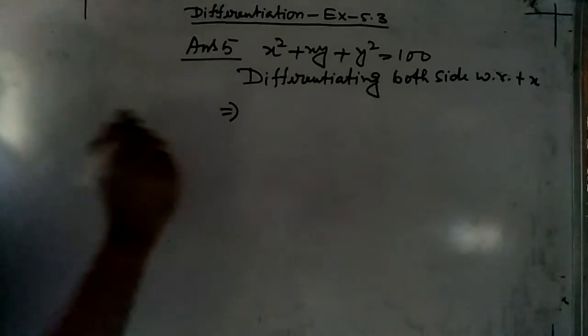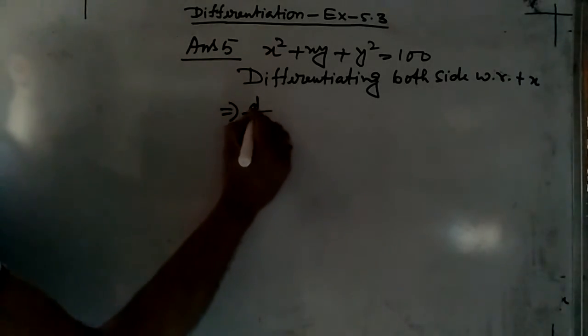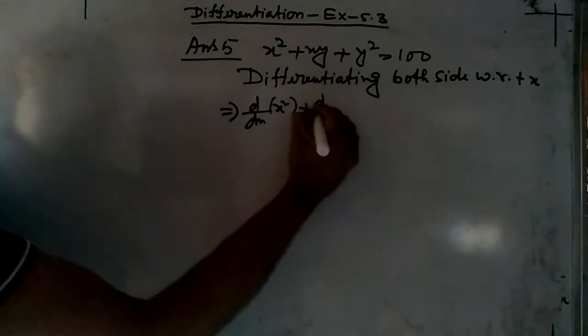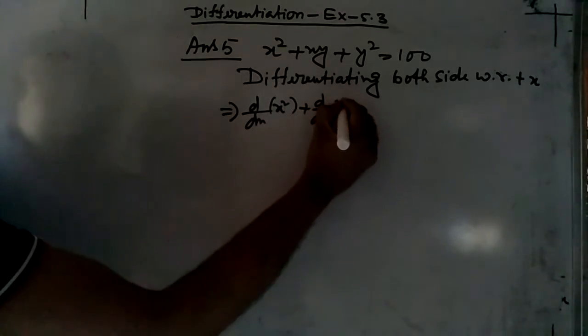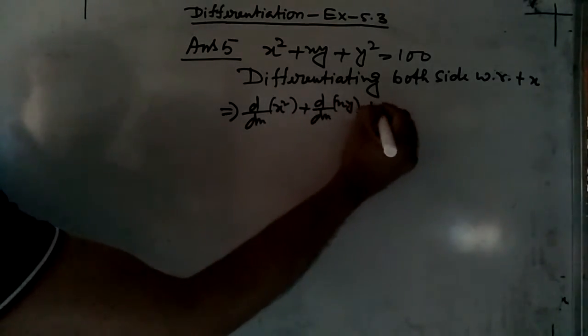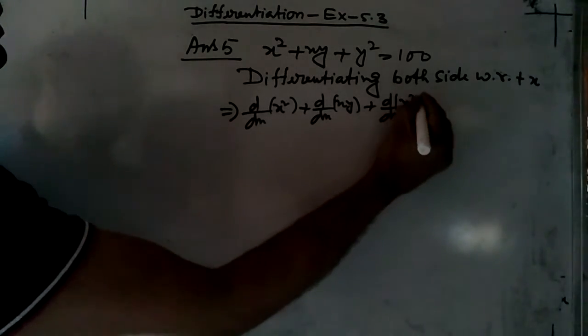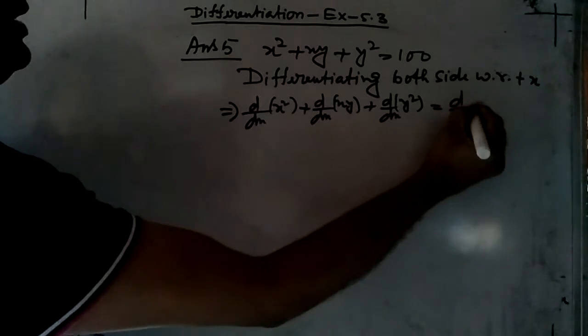So all terms you have to differentiate. D by dx of x square, d by dx of xy, right? D by dx of y square equals to d by dx of 100.